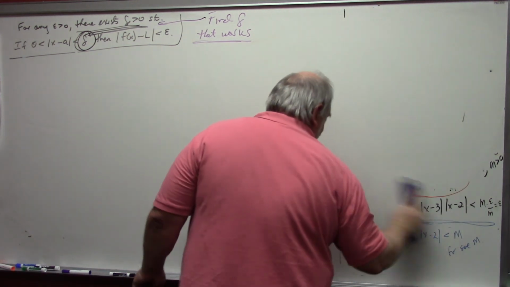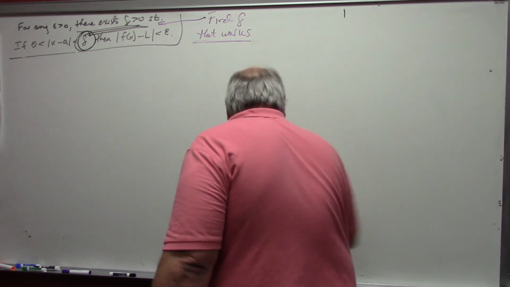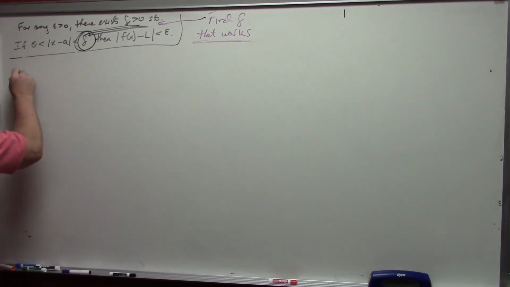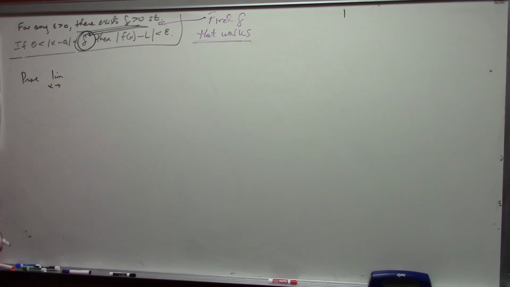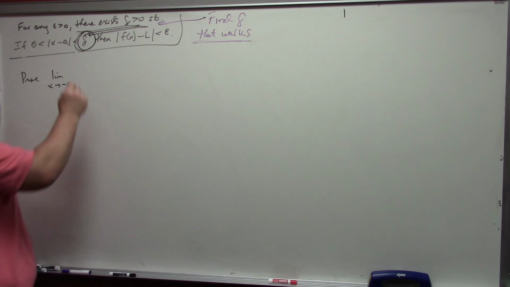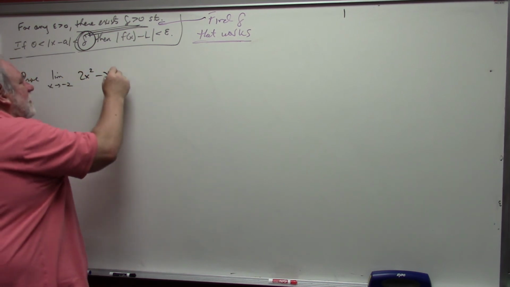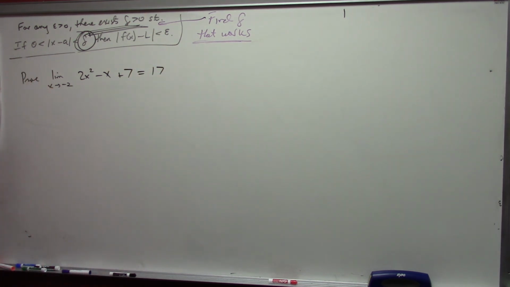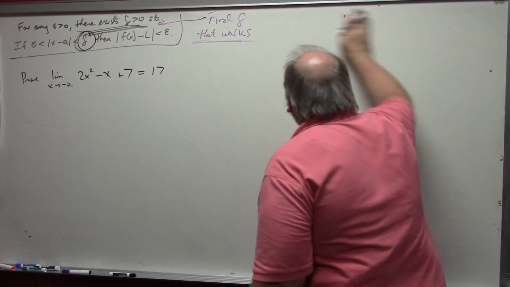So let's prove the limit as x approaches -2 of 2x squared minus x plus 7 is equal to 17. And again, I will do some side work. We have to figure out what we need.